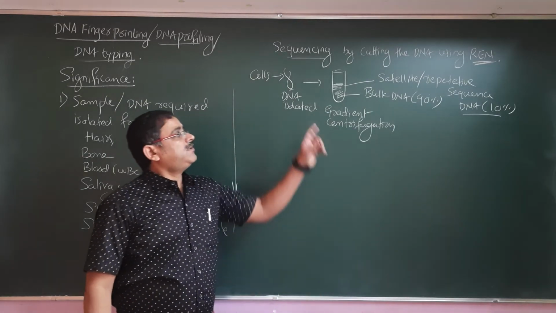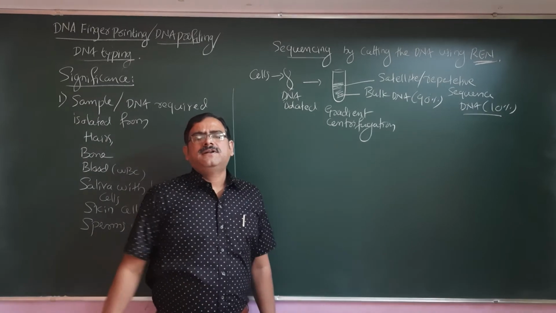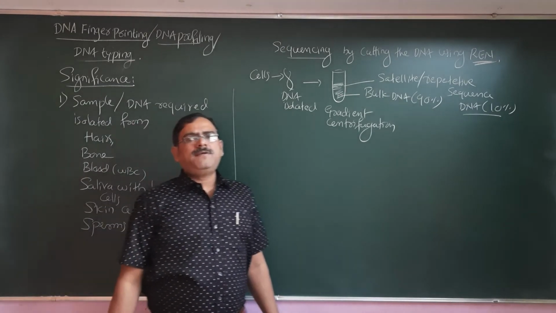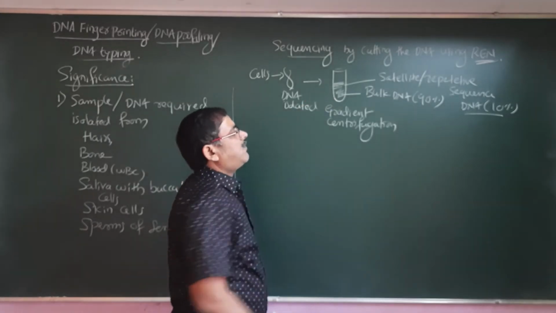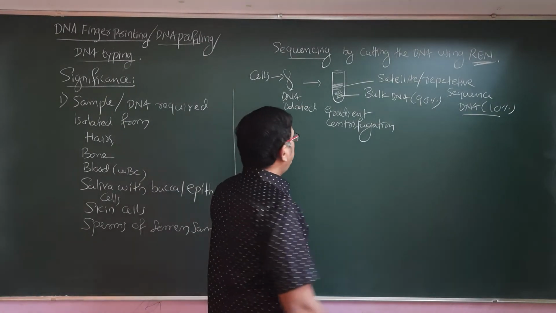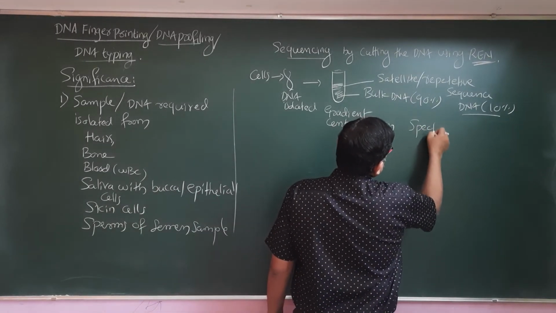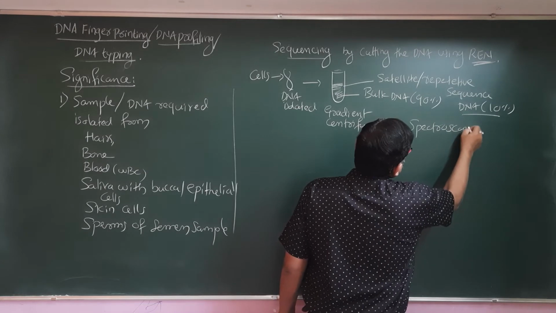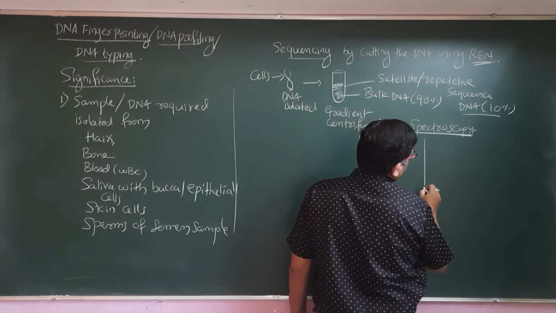We need to use the satellite DNA when we do a number of techniques, such as high performance liquid chromatography or mass spectroscopy, which gives a DNA profile as such.